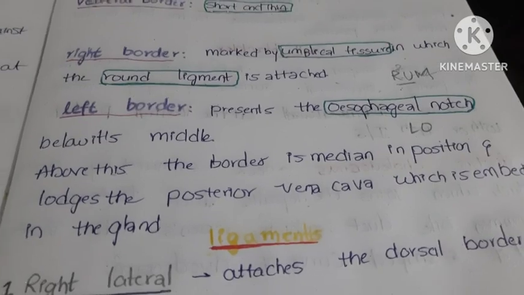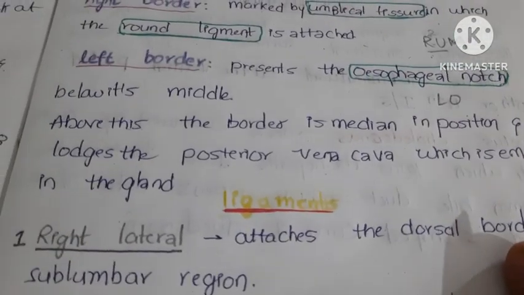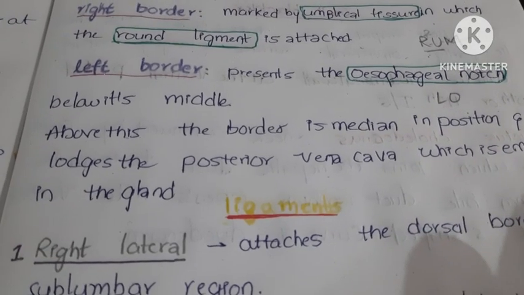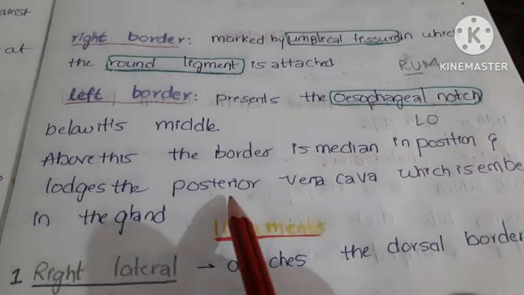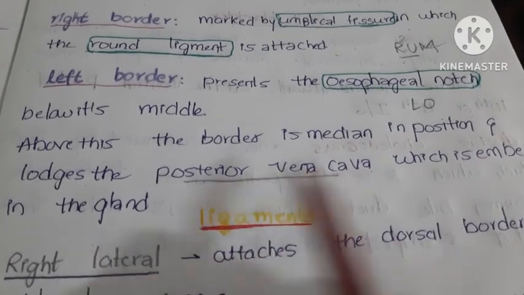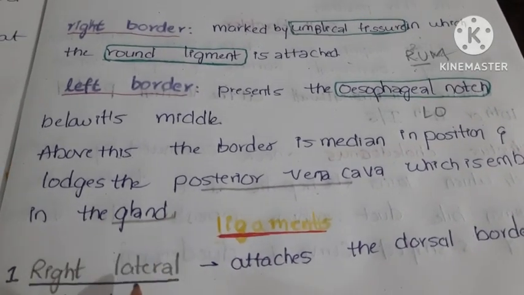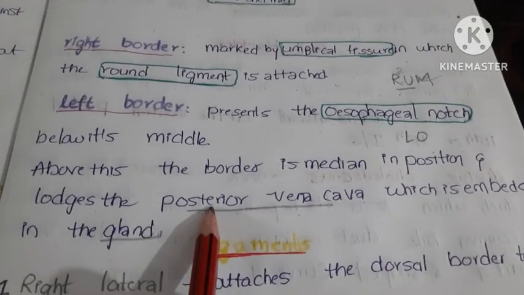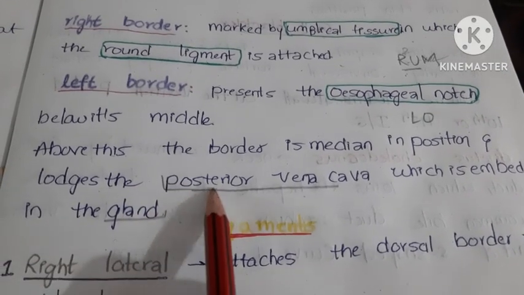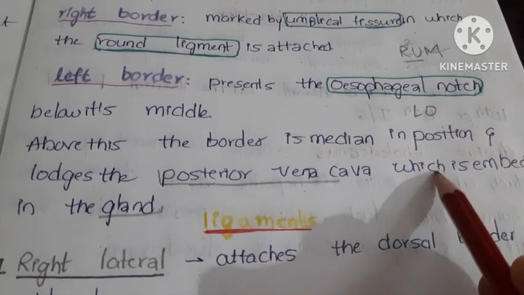Above this left border, in the median position, is the posterior vena cava, which is embedded in the liver.